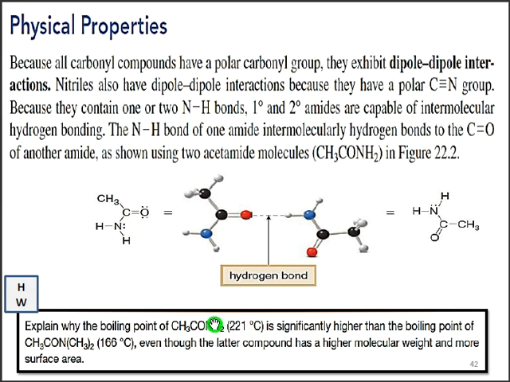Why does this compound have a higher boiling or melting point than this? Your answer must explain the ability to make hydrogen bonds for this compound, and in this amide there is no hydrogen bond between the molecules.